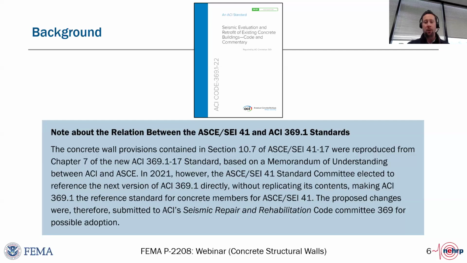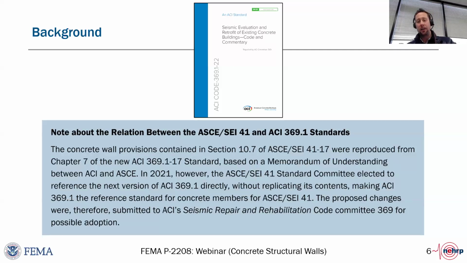So at the end of the ASCE 41 cycle for ASCE 41-23, there was a big effort to pull some of those really key recommendations into ASCE 41 directly. So the way this version of ASCE 41-23 works is that if you go to chapter 10 and open it up, it will say see ACI 369.1 for most of the provisions for concrete, but also see the modifications that are captured directly in chapter 10 of ASCE 41-23.